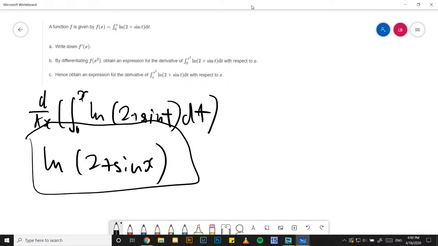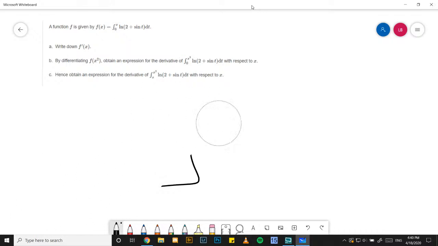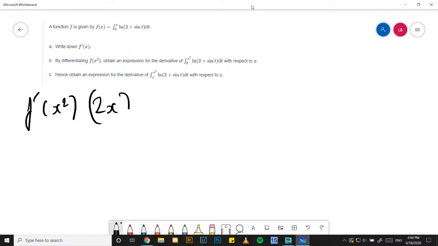The next part: by differentiating f of x squared, obtain an expression for the derivative of this with respect to x. If you were to differentiate f of x squared, we also need to multiply by the inside, so you get 2x in front of it.